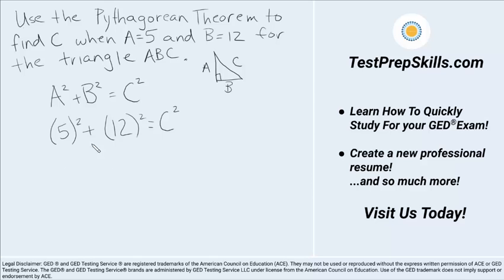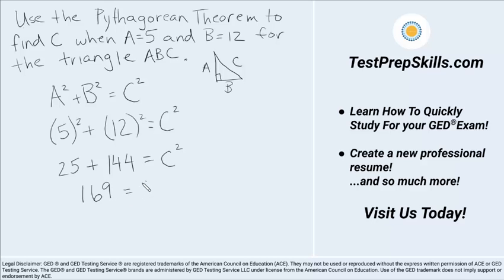Okay, let's go ahead and simplify this left-hand side first, and then we'll start moving things around. So 5 squared, this is 25. We're going to add that to 12 squared. 12 squared is 144. And that's all going to equal c squared. So 25 plus 144 equals 169.